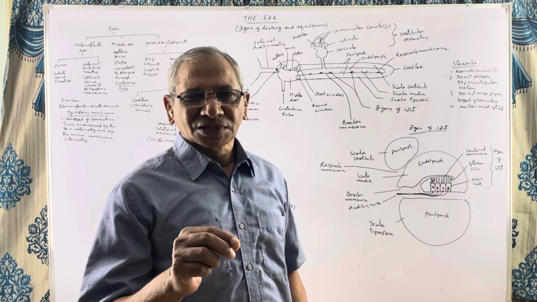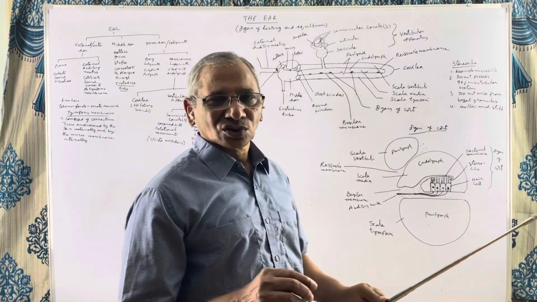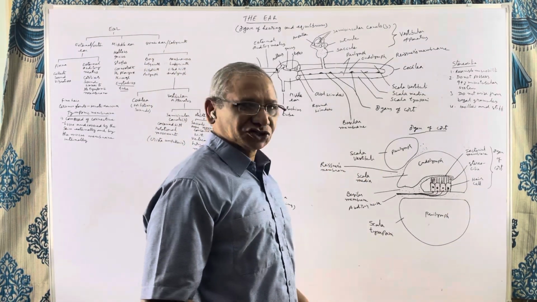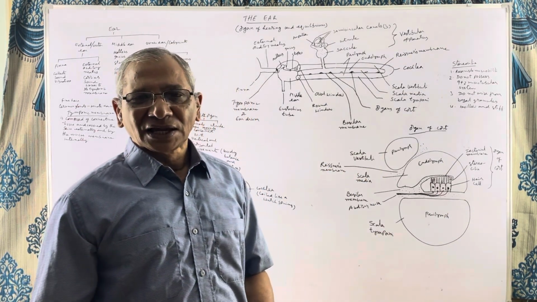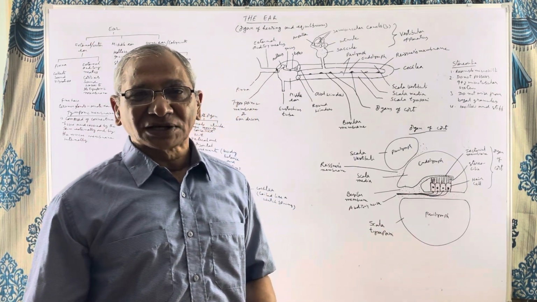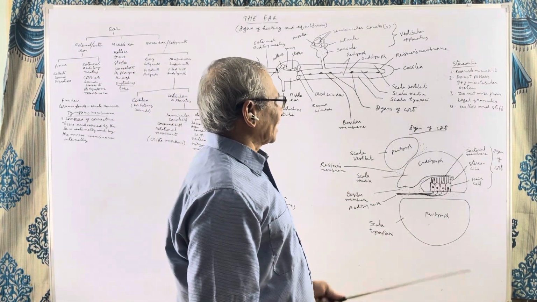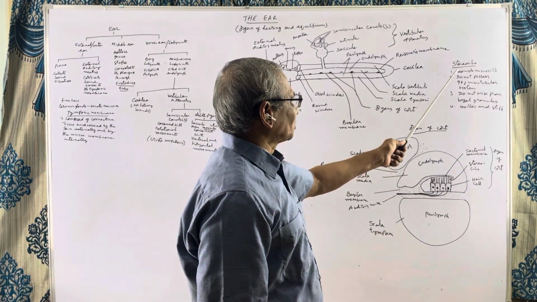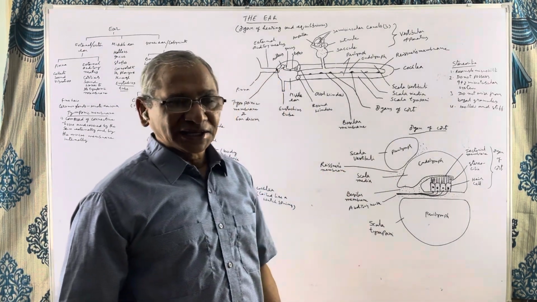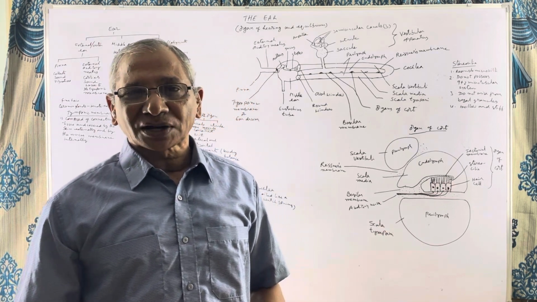They resemble cilia. It's a misnomer. They resemble cilia, but there is no similarity between cilia and stereocilia. Stereocilia are actually like microvilli, as we come across in the small intestine. They are tubular structures. They do not possess the 9+2 microtubular system as we come across in the cilia.